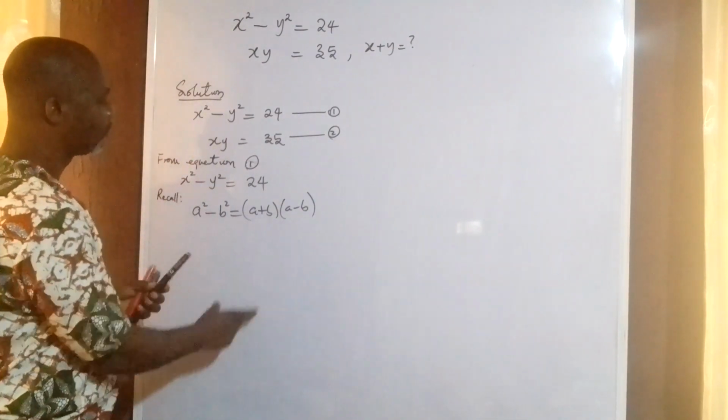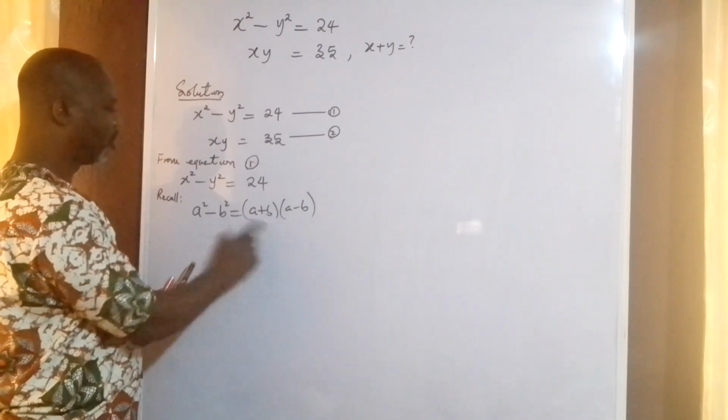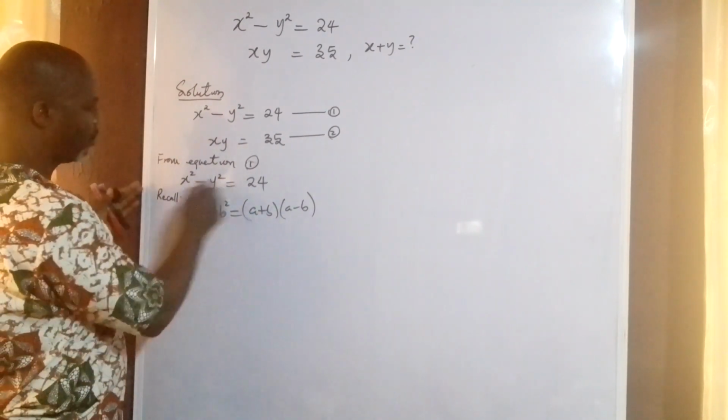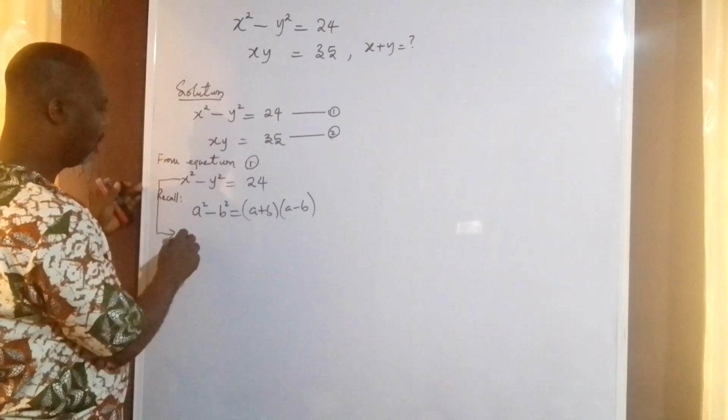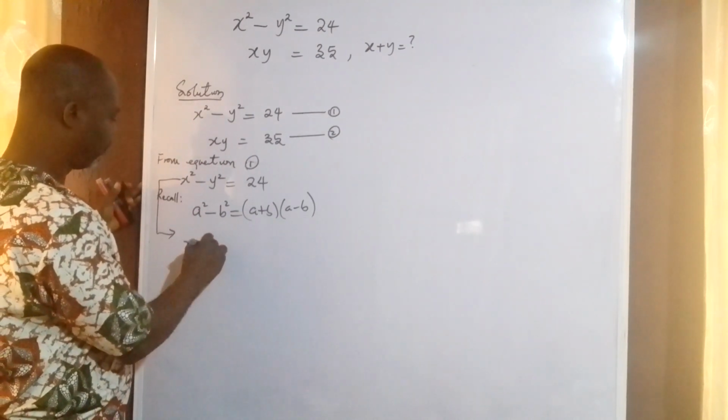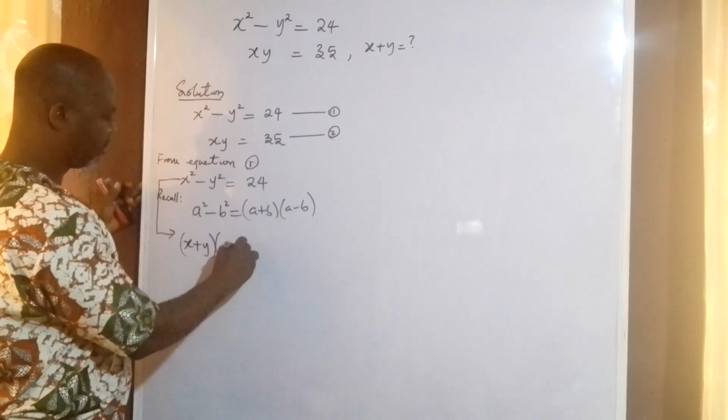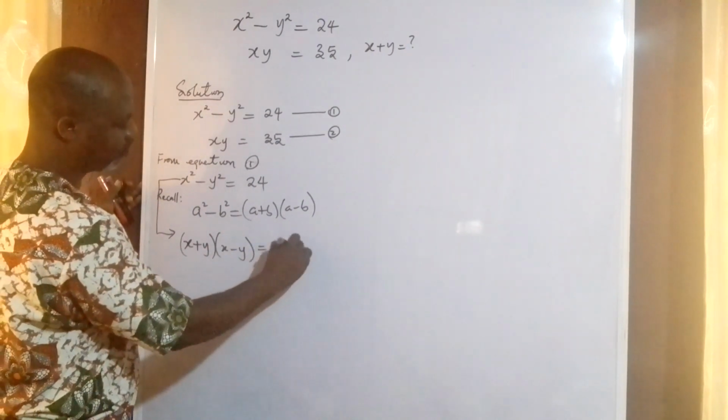Now I'm going to apply this rule to this equation, and so the equation becomes x plus y bracket x minus y equals 24.